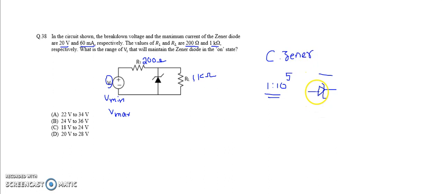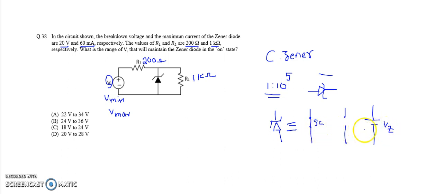The Zener diode equivalents can be taken in three formats. The first one is that the Zener diode may be short circuited, the second one is that the Zener diode may be open circuited, and the third one is that the Zener diode acts like a voltage source with voltage Vz, that is the breakdown voltage.